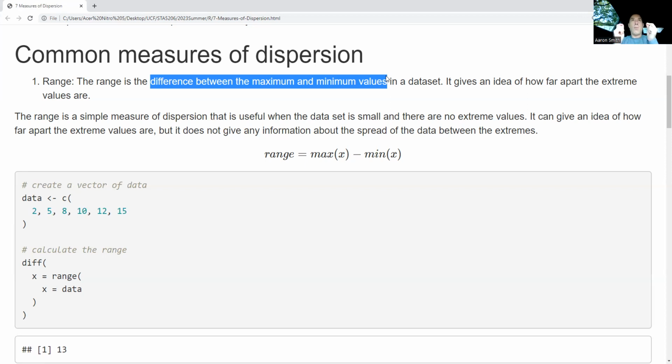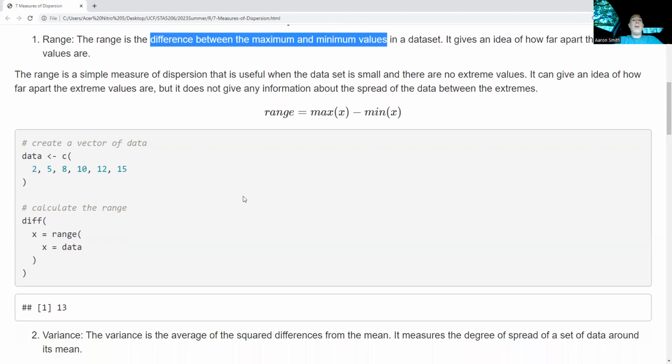So if I take the range from a preliminary data collection, a preliminary study, and then divide by 4, that gives me an idea of how big the standard deviation will be for my full-blown final data collection. So it's useful for figuring out what's going to happen before collecting the data.